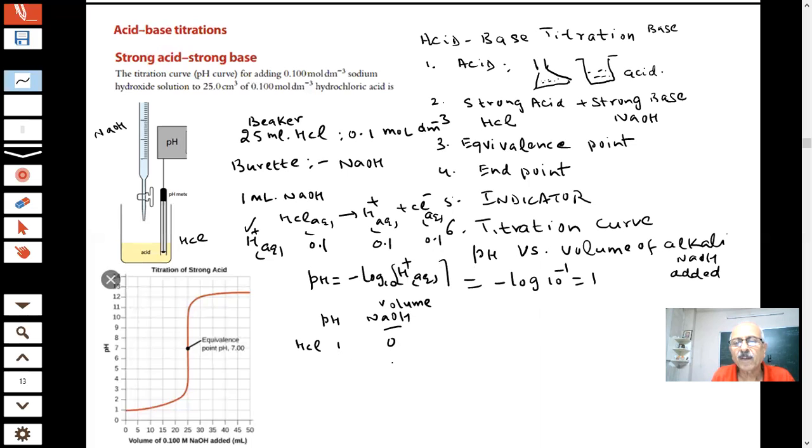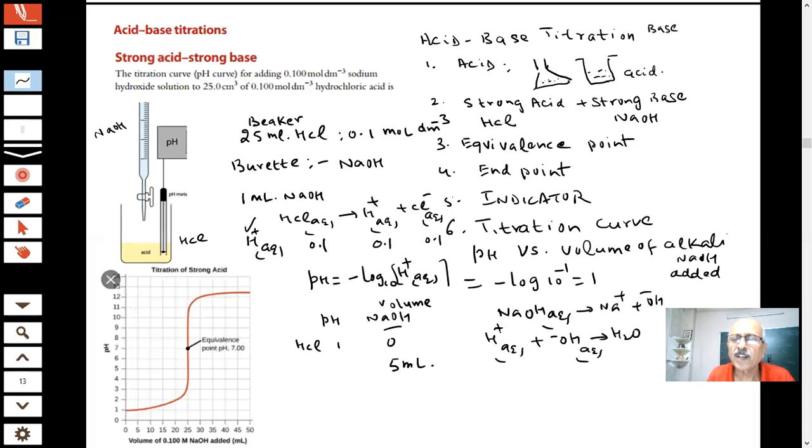Now you start adding NaOH to HCl. What will happen? Supposing I add 5 milliliter of NaOH, what will happen to the pH? Sodium hydroxide will give sodium ions and hydroxide ions, and the OH minus will neutralize H plus to give water.